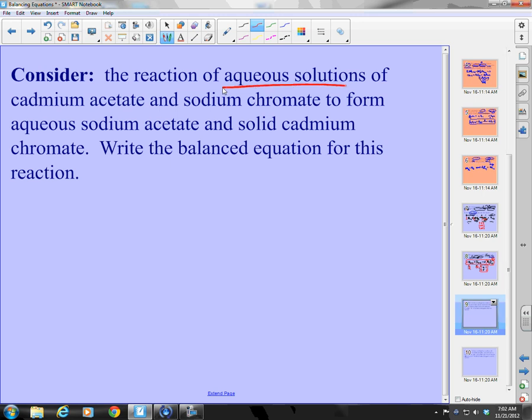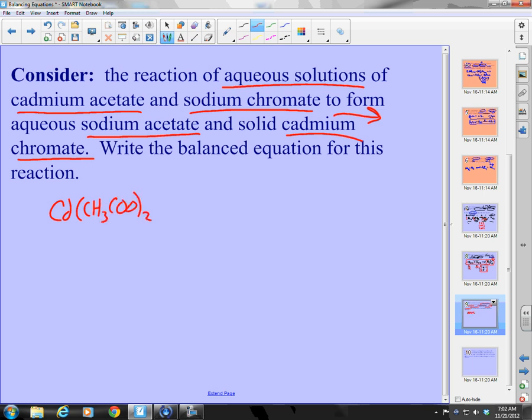Aqueous solutions of cadmium acetate and sodium chromate to form. There's my yield arrow. So that would indicate these guys are reacting to form what? Sodium acetate and cadmium chromate. Okay, so on my reactant side, I have cadmium, Cd, acetate, CH3COO. I'll need two of those.